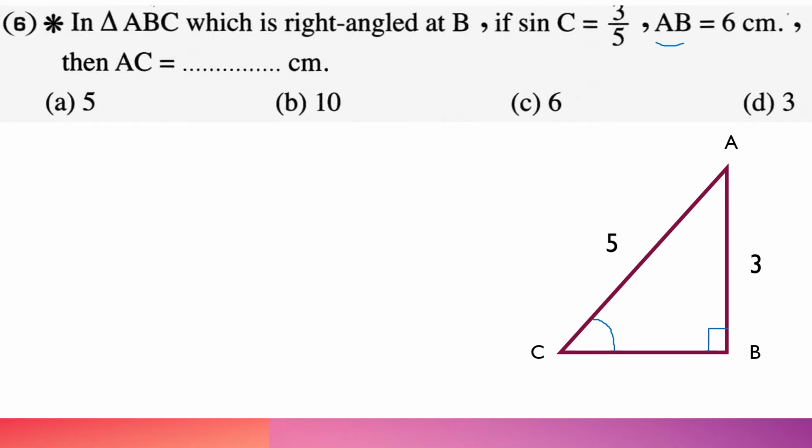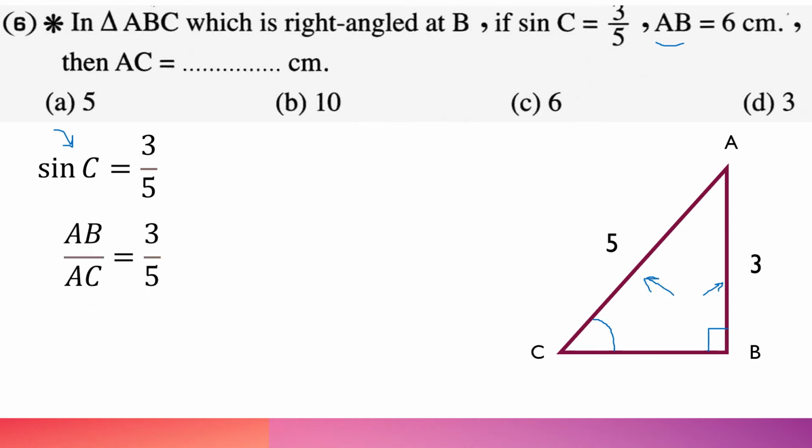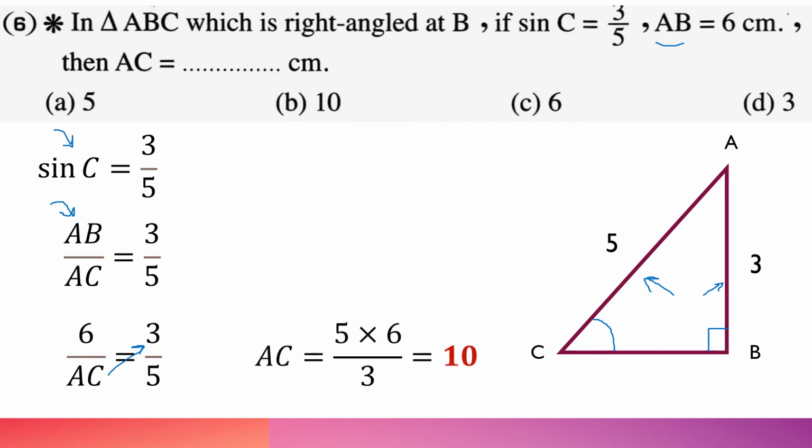Then let's write the ratio. So sine C equals 3 over 5. Sine C means opposite over hypotenuse. So AB over AC equals 3 over 5. He gave me the real length of AB, which is 6. So 6 over AC equals 3 over 5. Cross-multiplying, AC will be 5 times 6 over 3, which is 10 centimeter.